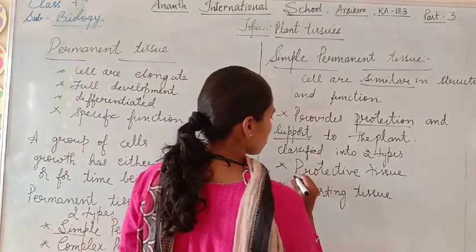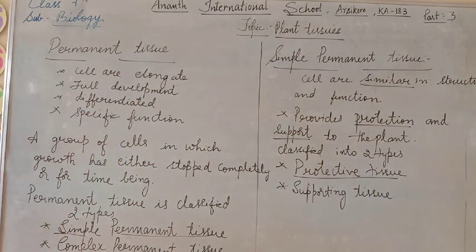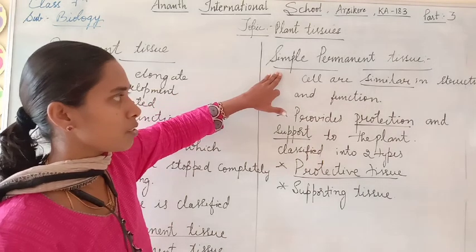Now we shall focus only on the protective tissue. First you will note down this in your running notes. Permanent tissue, definition of permanent tissue, types of permanent tissue, that is simple and complex, then simple permanent tissue.